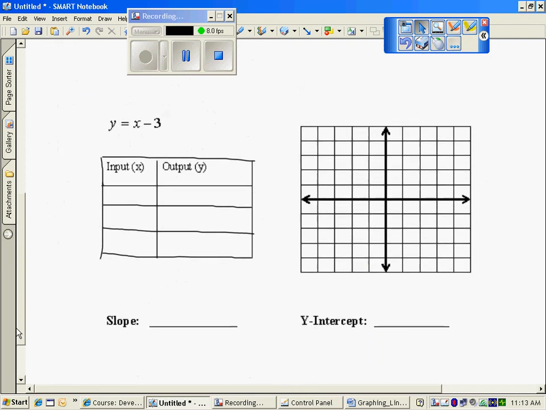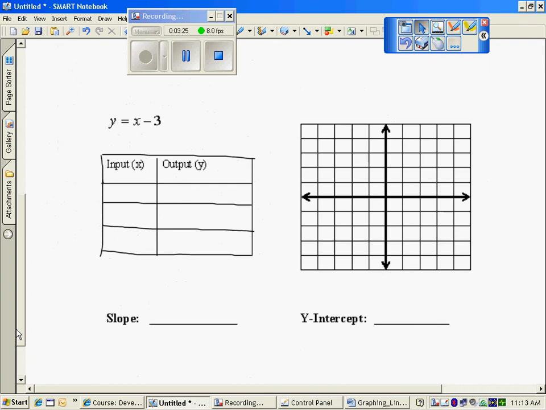Let's try another example. Once again, putting in a value into my function. It says take that value and subtract 3. So the inputs we're going to choose again are -1, 0, and 1, because they're nice, easy numbers, and I've included 0, which is a special value that we want to be able to interpret, and then also -1. We want to include some negatives.